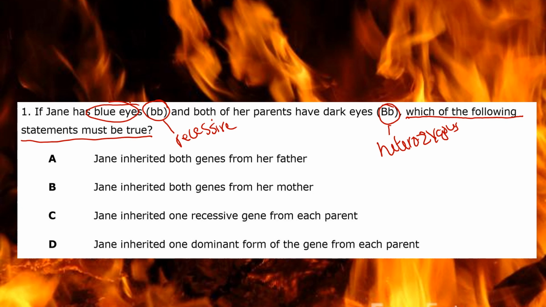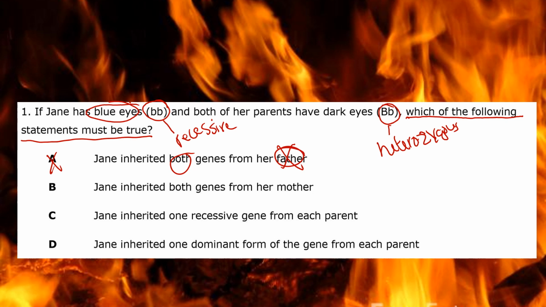So for Jane to have blue eyes, she has to have two recessive genes, which means she had to get the recessive gene from her mother and her father. So it says she inherited both genes from her father. That's not right. That is not possible. She has to get one from mom and one from dad.